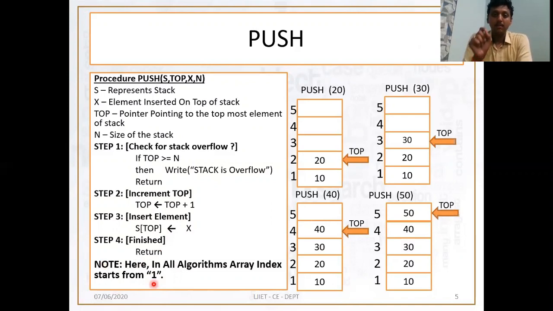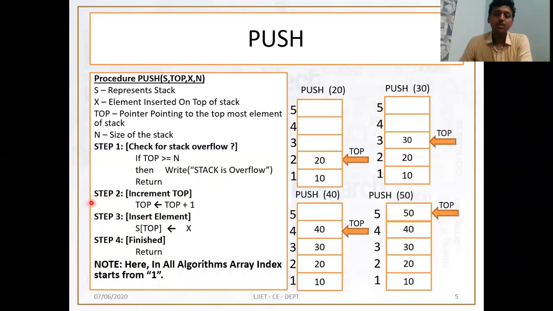Because we are taking Tremblay and Sorensen as the reference book, for each and every algorithm I refer to Tremblay and Sorensen, and it is already written in your syllabus. So please make a note that array indexes start from 1.